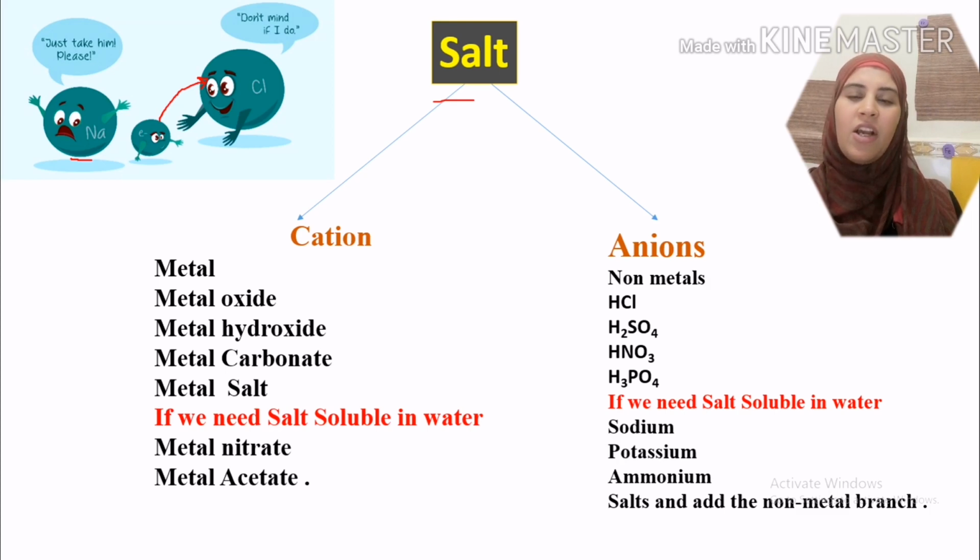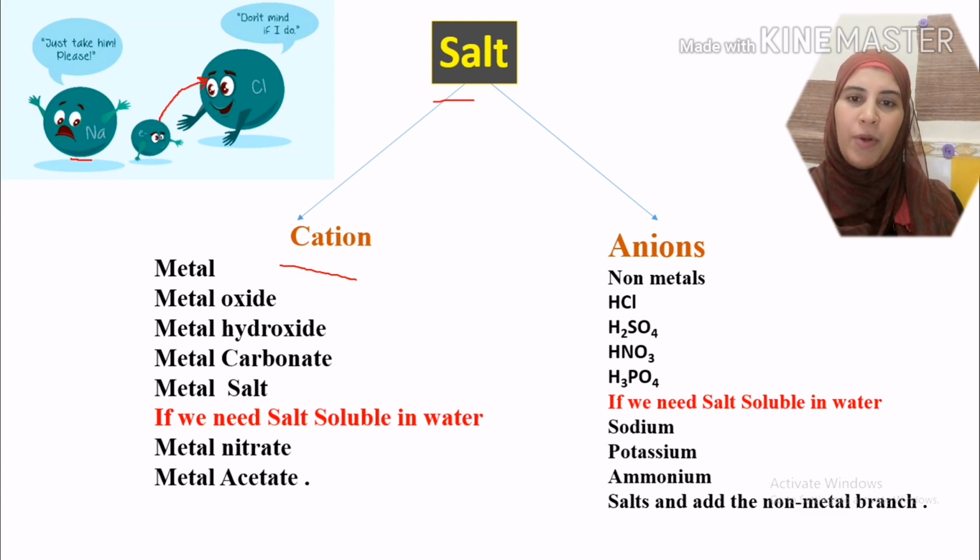At first, in cations we have different types of cations, like metal, metal oxide, metal hydroxide, metal carbonates, and metal salts. All of these can be used as a source of cations.